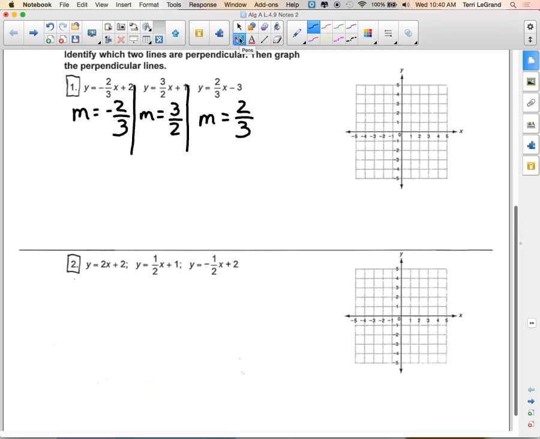Okay, so first of all, what's one of the things they have to be? Reciprocals. That's the first thing I would always look at. Do we have any reciprocals going on here? Yes. The 3/2 and 2/3. Yeah, 3/2 and 2/3 are reciprocals of each other, aren't they? So we have reciprocals, but what's the other condition it has to meet?